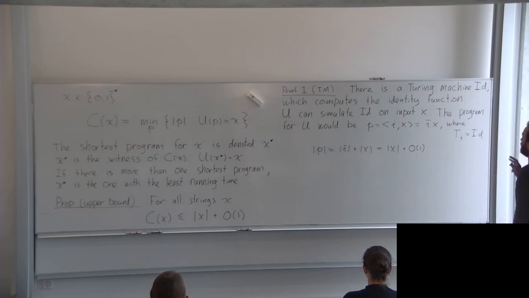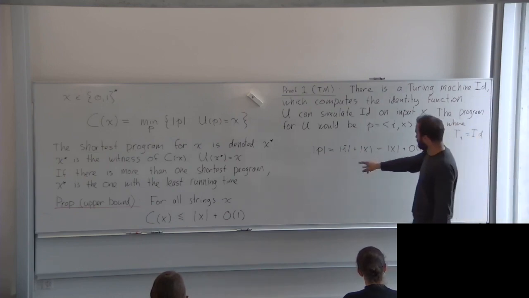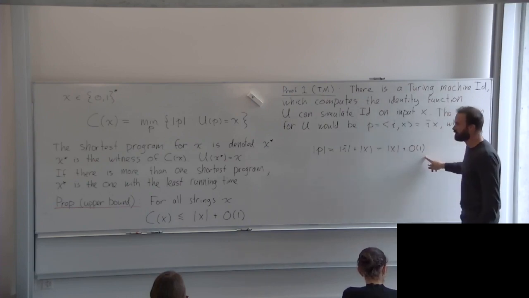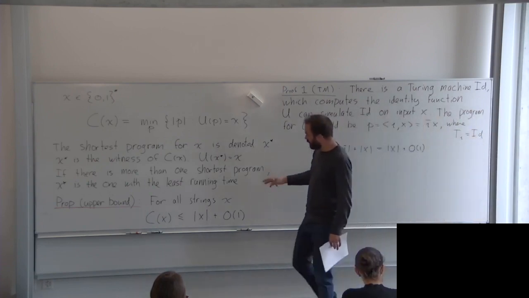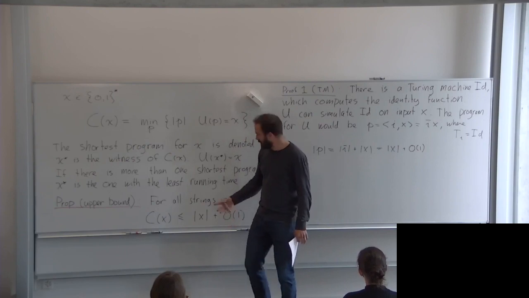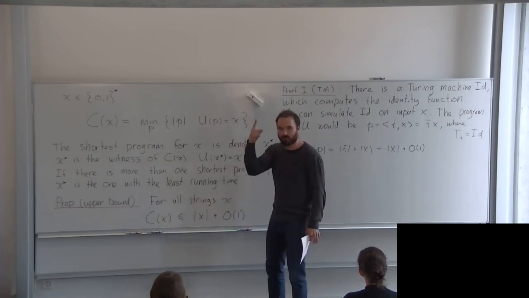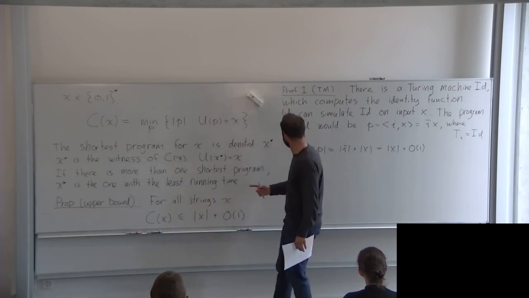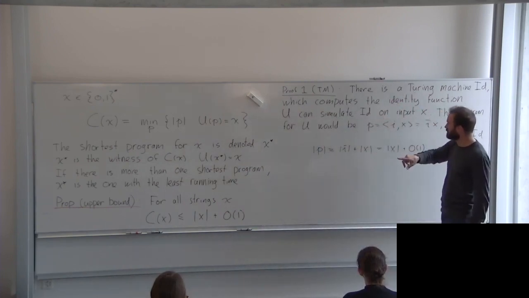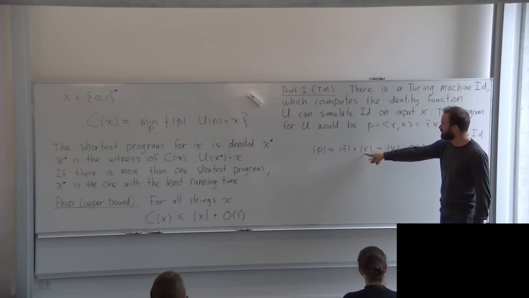And what have we done now? This is actually an inequality, right? We've shown that there's a program P which has this length, and we want to show that this holds for all strings. Well, for all strings, we've exhibited one program to compute X. It's the program which invokes the identity Turing machine and gives it X as an input.